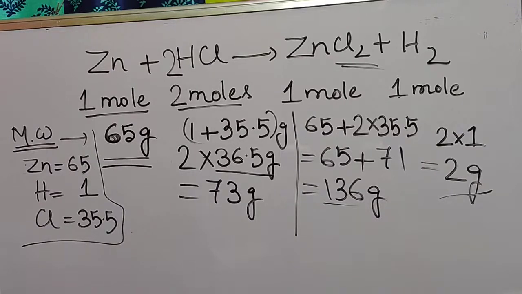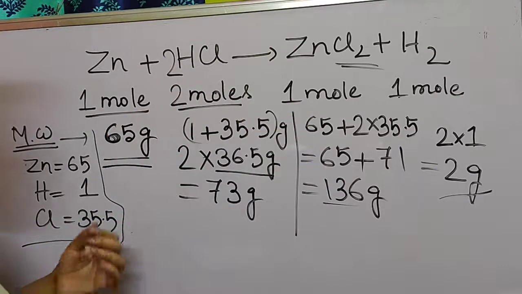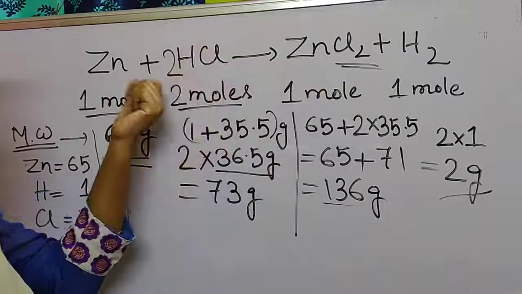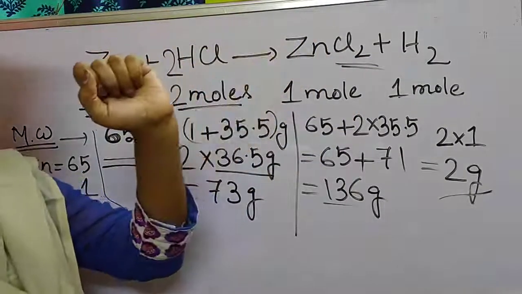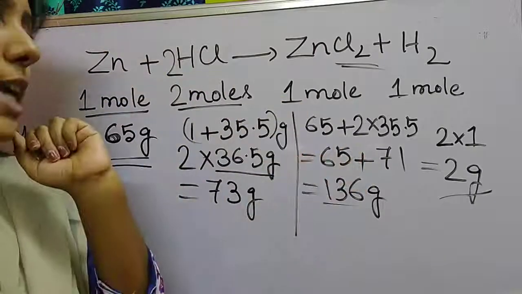So what things can we get from a chemical equation? Their number of moles and their proportions. Proportion means the ratio of the number of molecules of them. Their molecular weight we can also get.